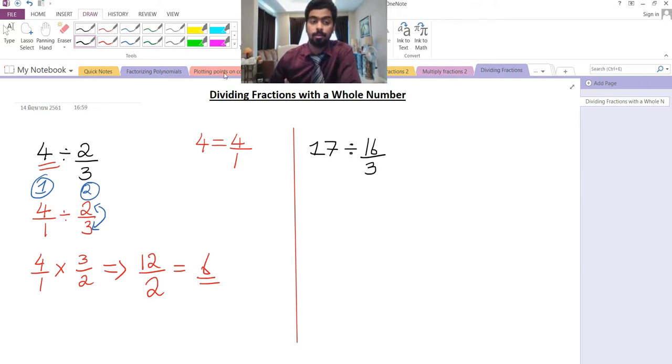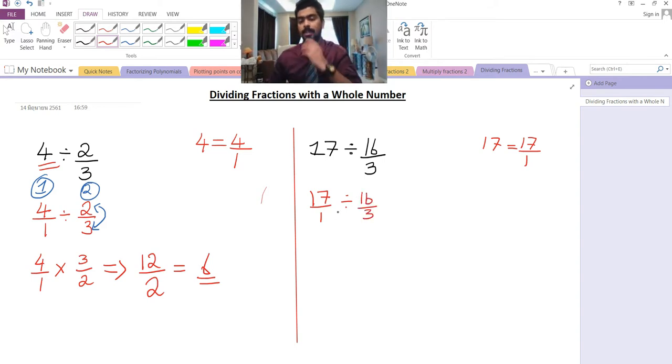If you remember from the previous question, 17 is the same as 17 over 1. So what do we do here? The first fraction, we will write as 17 by 1. So we have 17 by 1 divided by 16 by 3.